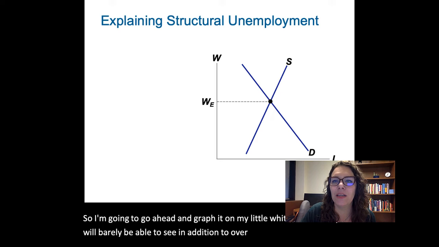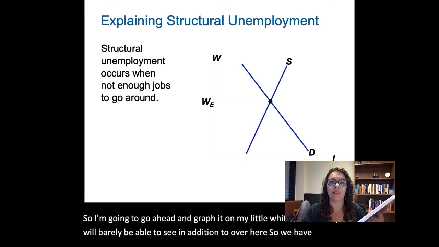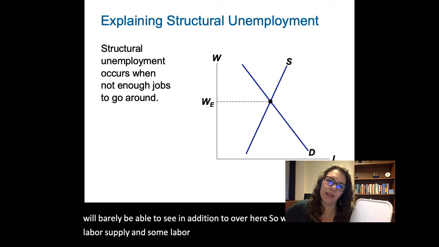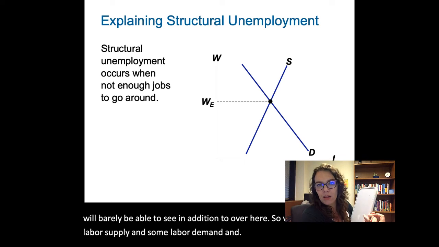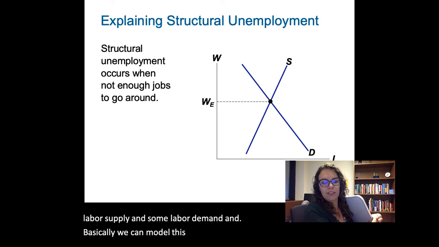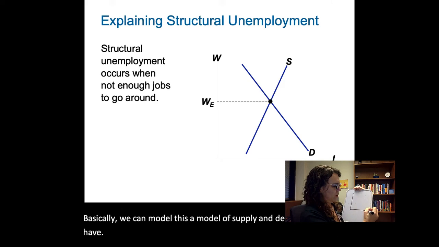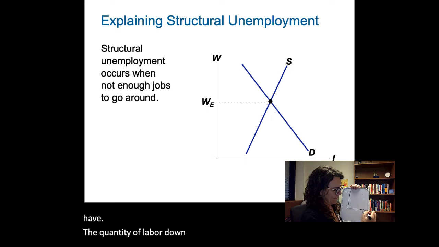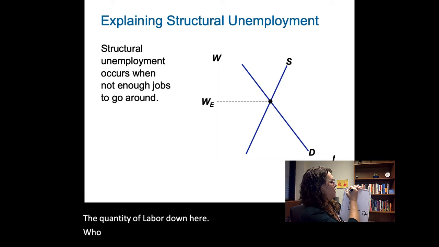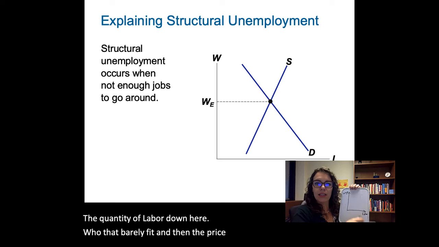So we have some labor supply and some labor demand. And basically we can model this like a model of supply and demand where we have the quantity of labor down here. Ooh, that barely fit. And then the price of labor is the wage, right?